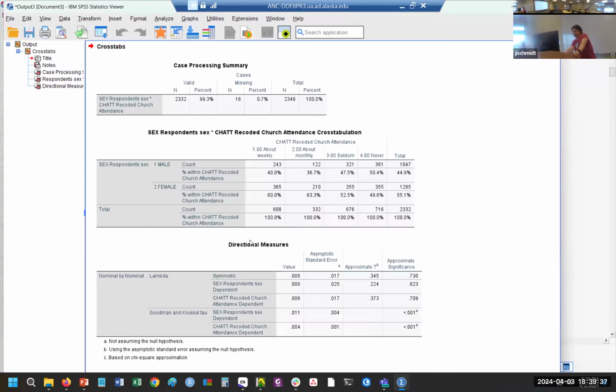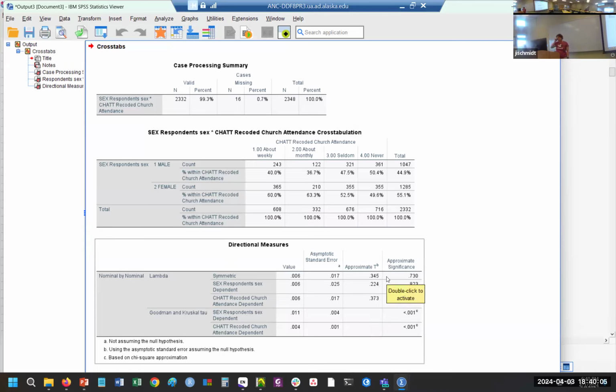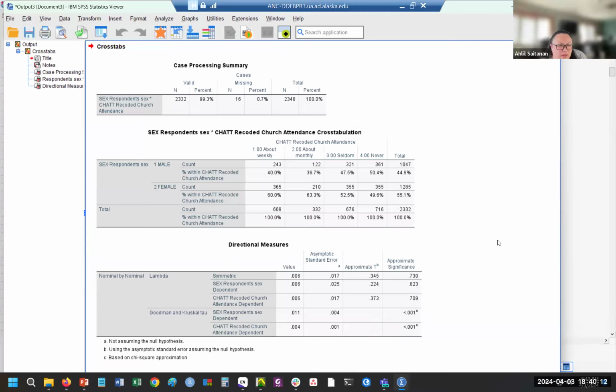Okay, and so we run that. And what is our lambda in this case? Looking at this, our lambda is 0.345. Is that weak, moderate, or strong?